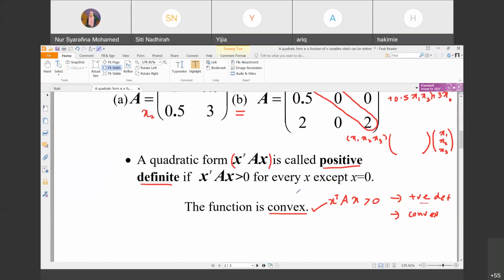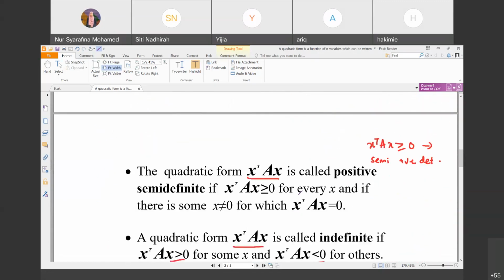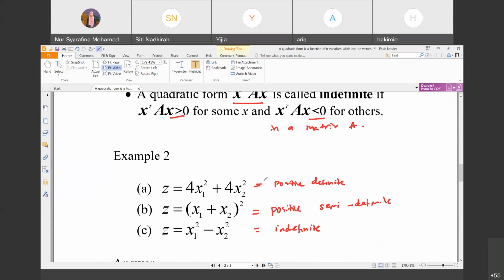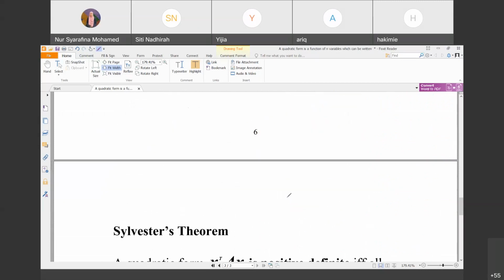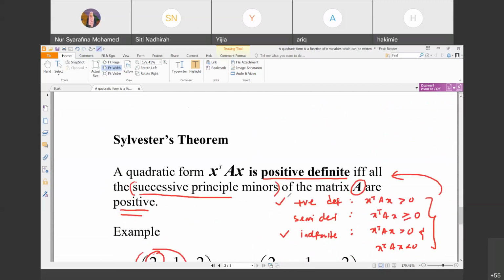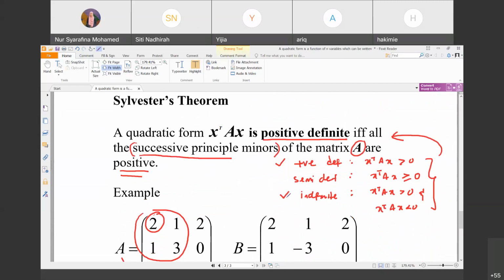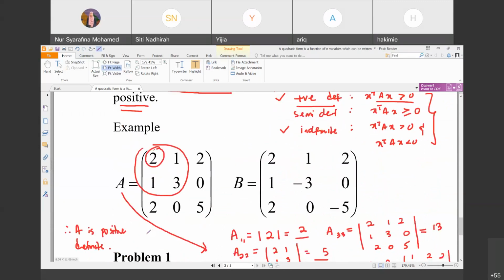So how can we identify? Basically, based on the function itself, where you need to understand the function's nature, okay? And based on Sylvester's theorem, you just take a look at the matrix A, where if and only if all the successive principal minors are positive, then we can call it positive definite, just like A here.